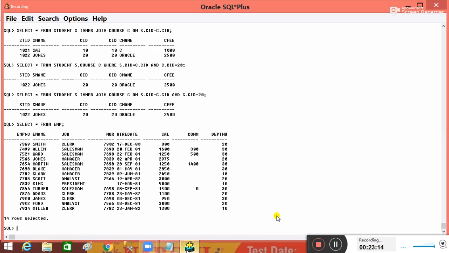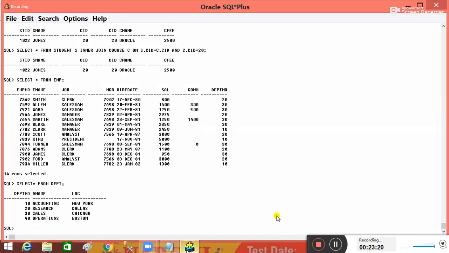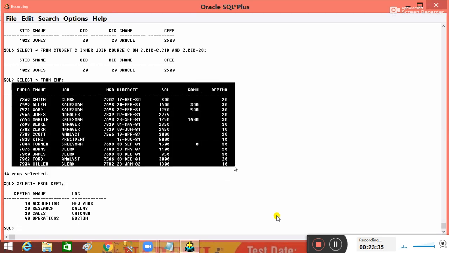First, I have to see my tables' information. This is the employee table information, and this is your department table information. So first, carefully identify these two tables, EMP and DEPT. In these two tables, there is different information.